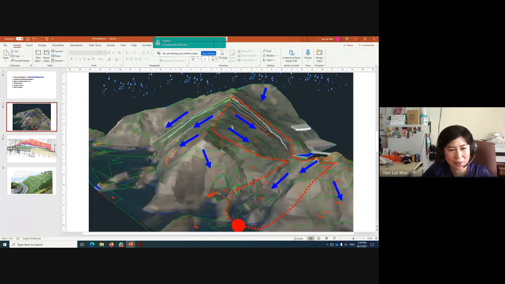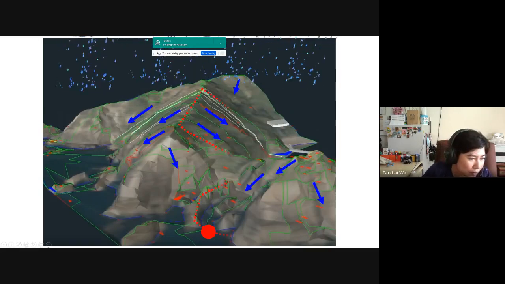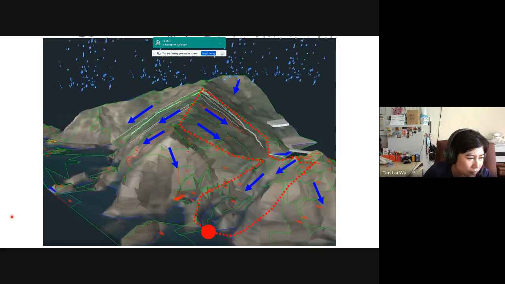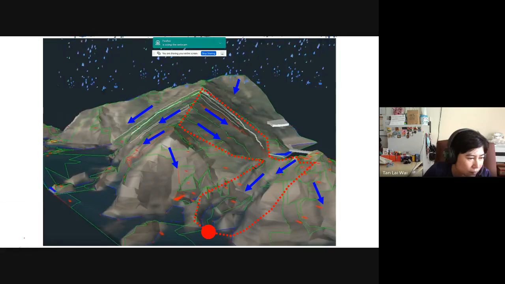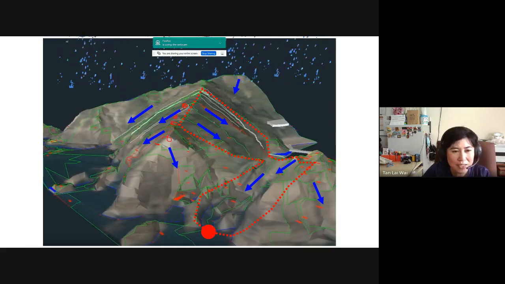Let's go back here. That means when rain drops on this part here, just a second, I'm going to mark. Whenever rain falls on this area, it won't go out from here.